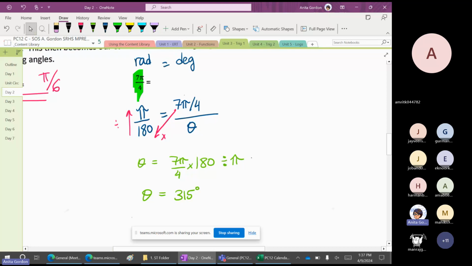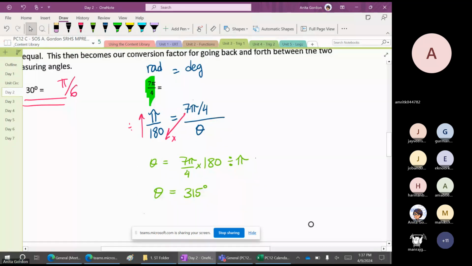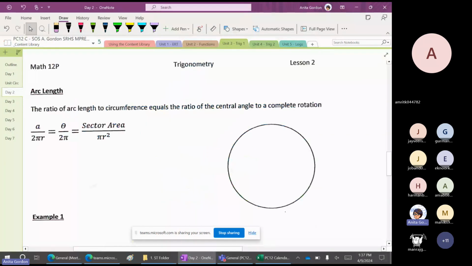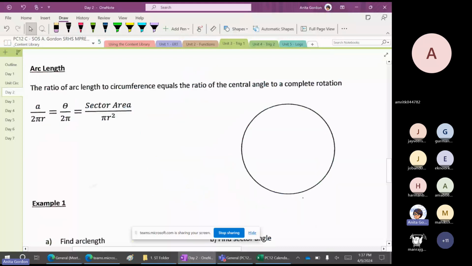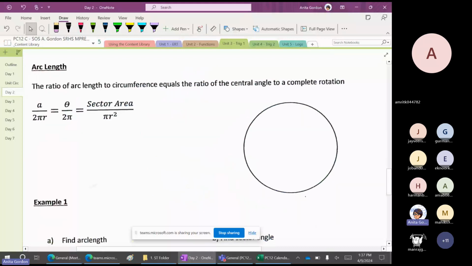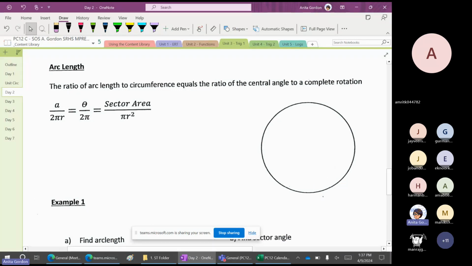Let's look at another set of ratios. Here I have a complete circle. When we cut a circle into pieces, what we are trying to do is solve for certain parts that are unknown to us.